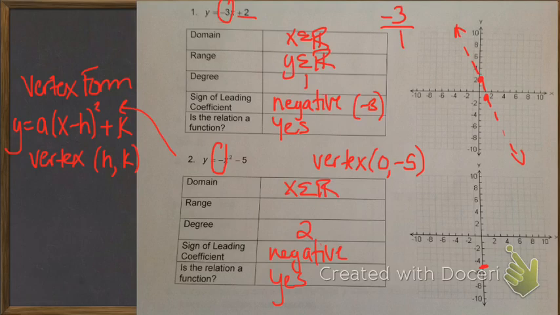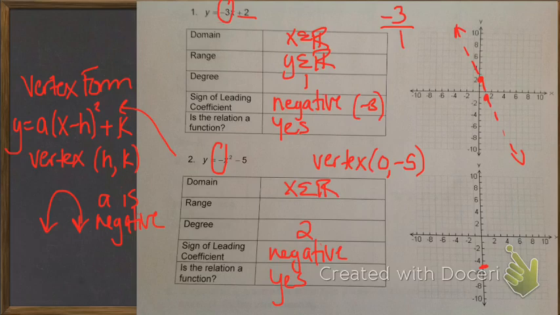Next thing you can ask yourself is, since the leading coefficient is negative, how does this parabola open? Does it open up or down? Well, it must open down because a is negative. So, as a simple sketch, I didn't ask you for any specific coordinates.